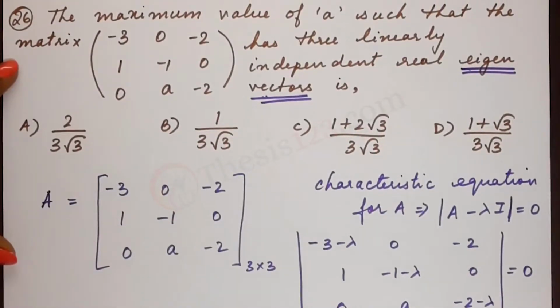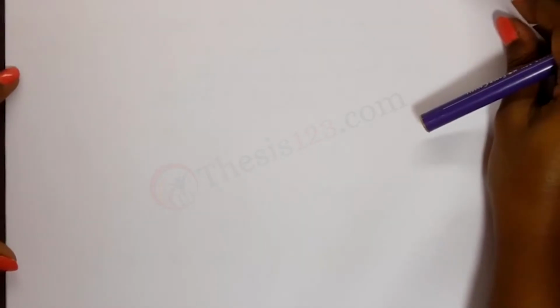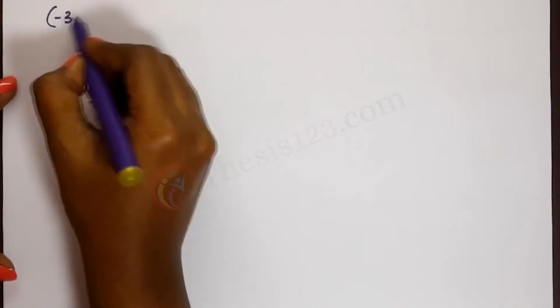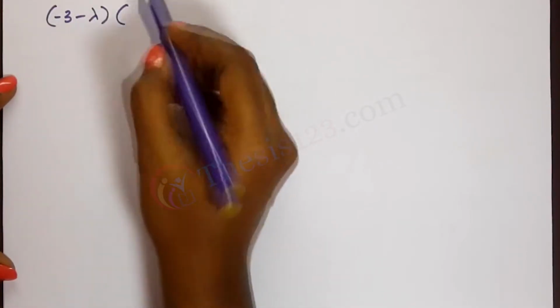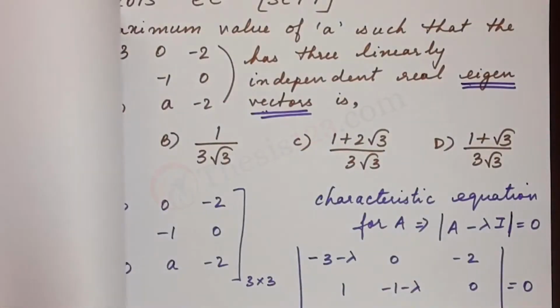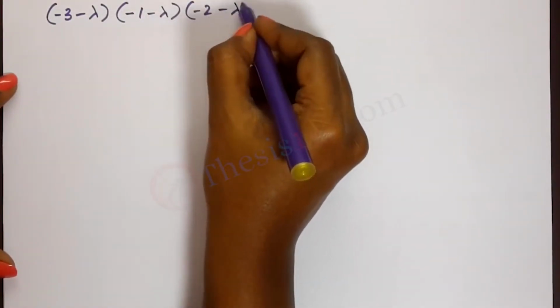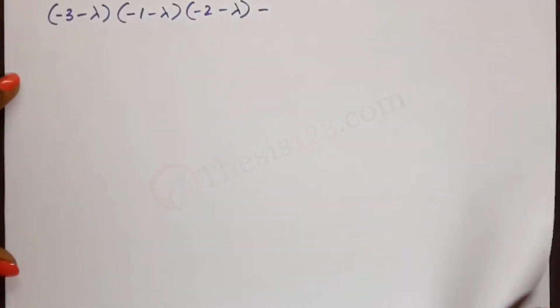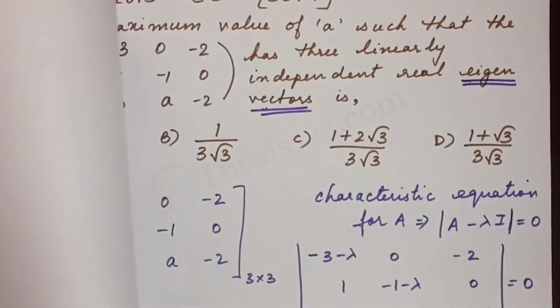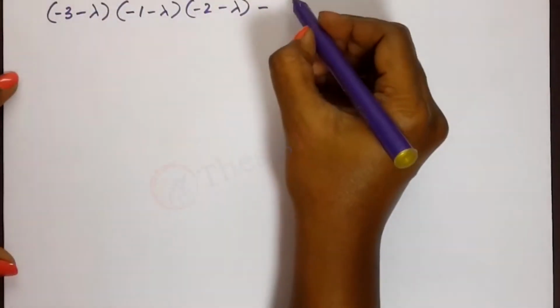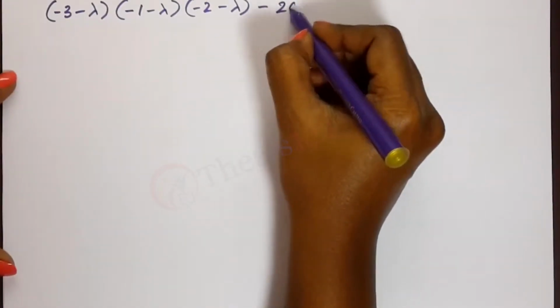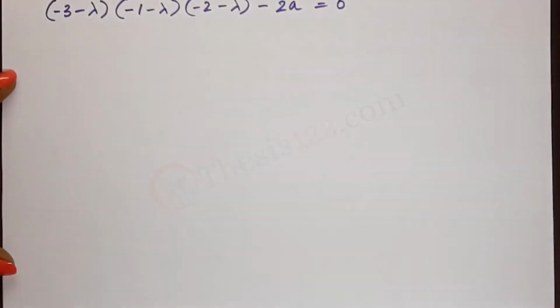Now let's find the determinant of that. If you find the determinant of the characteristic equation, we will obtain (-3 minus lambda) into (-1 minus lambda)(-2 minus lambda), minus of 2A, is equal to 0.